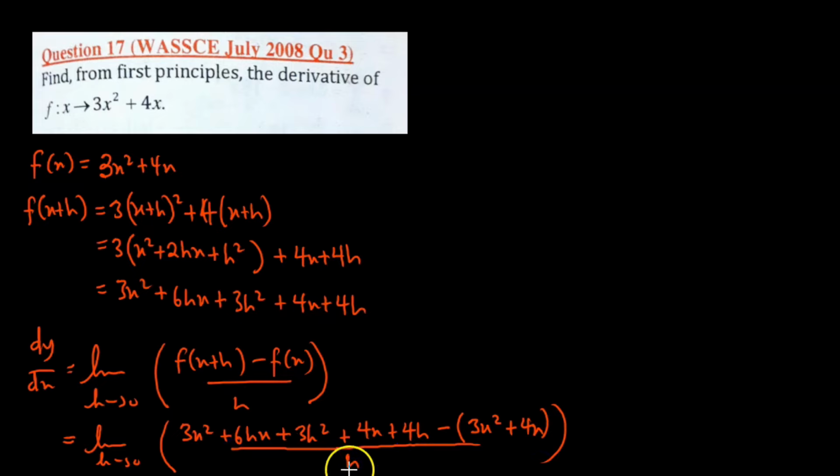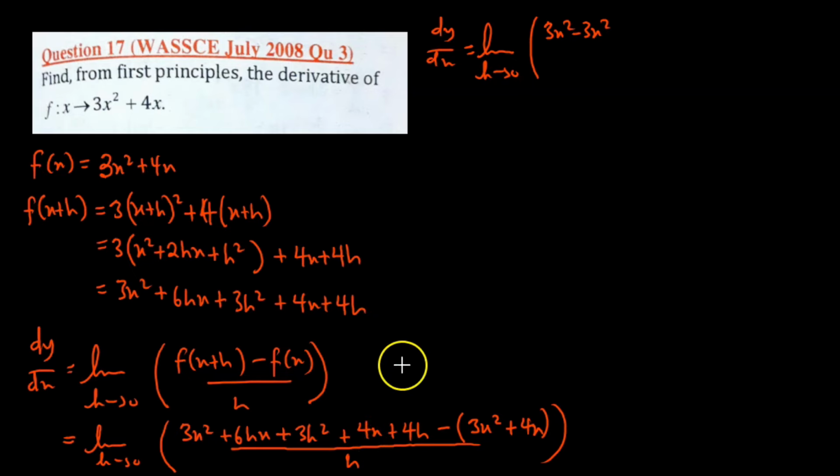Now, we need to simplify before we substitute for h. So simplifying, let me do all that together. dy dx will be equal to the limit as h approaches 0 of 3x squared minus 3x squared. So I've regrouped that. That is this and that.